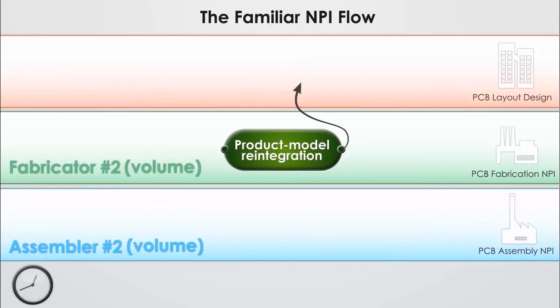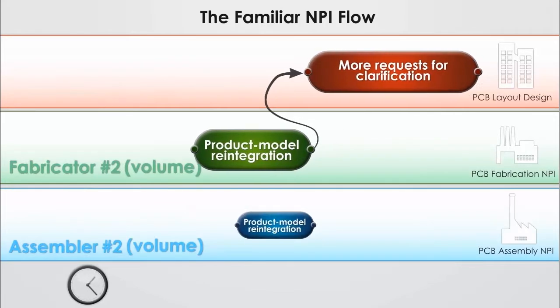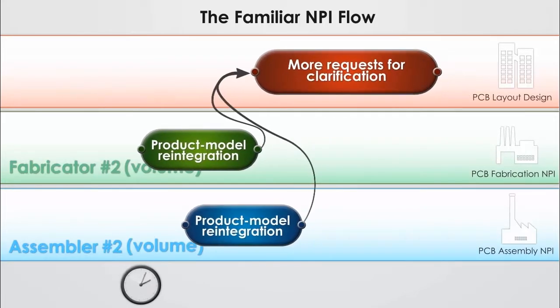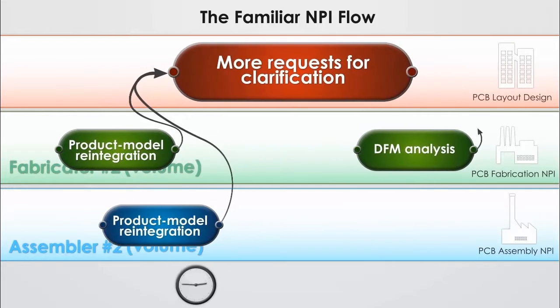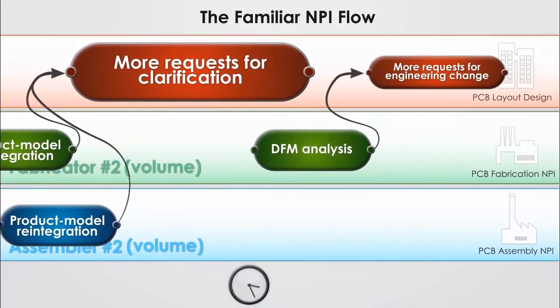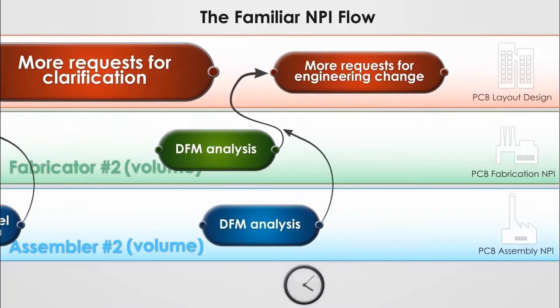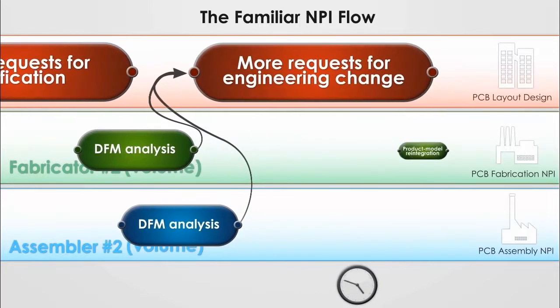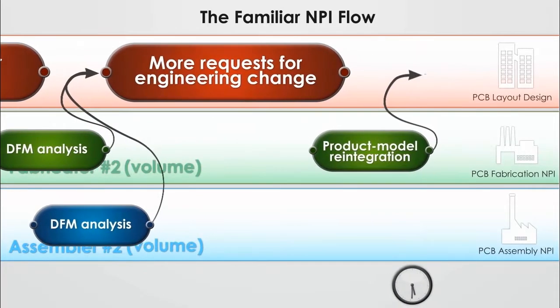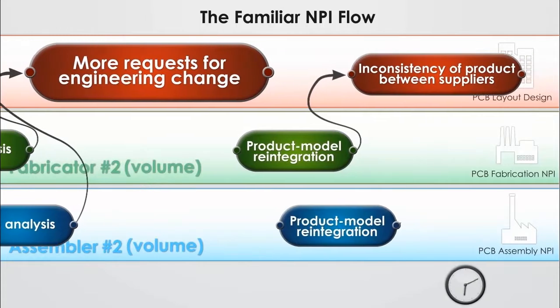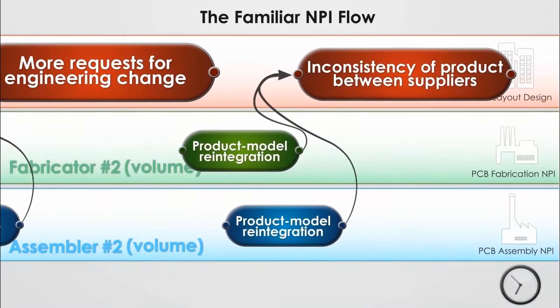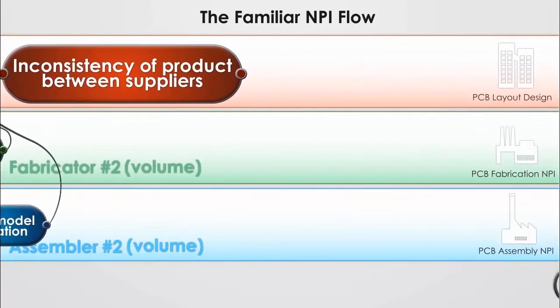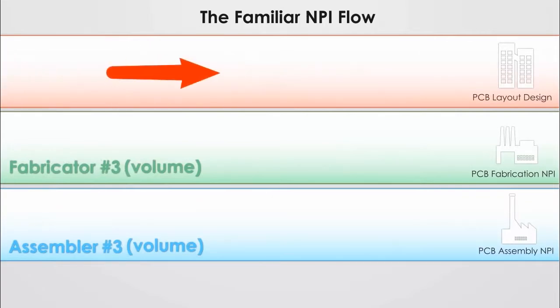As the project moves from the prototype stage to volume production, additional manufacturing service providers will go through similar cycles of product model reintegration, DFM analysis, followed by requesting engineering changes, which not only causes further delay and cost escalation, but also the risks to quality increase as a result of so much product model reintegration work taking place at the manufacturing level.